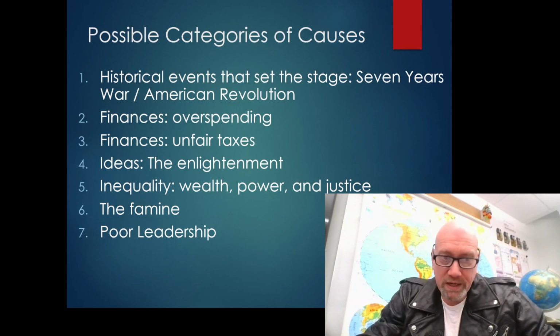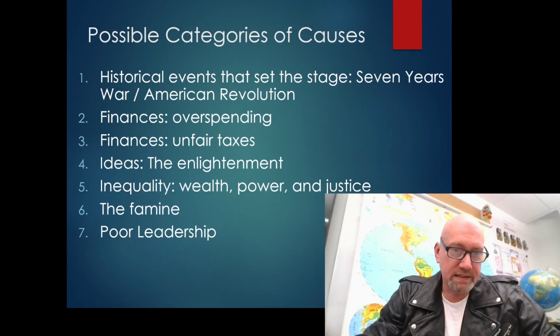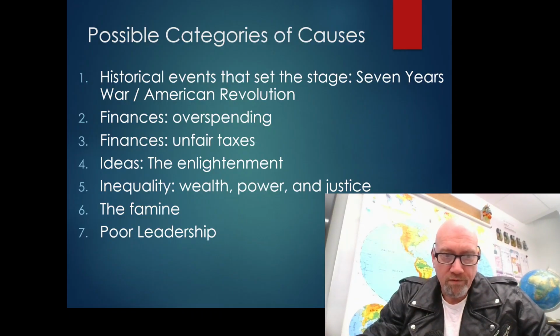Possible categories of the causes. Number 1, historical events that set the stage. Number 2, finances and overspending, unfair taxes, and the unfair tax system. Under finances, you could also discuss other issues. Number 3, ideas and the Enlightenment, the ideas that encouraged people to revolt.